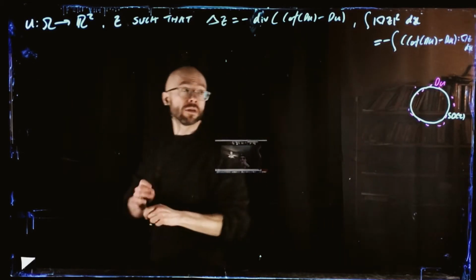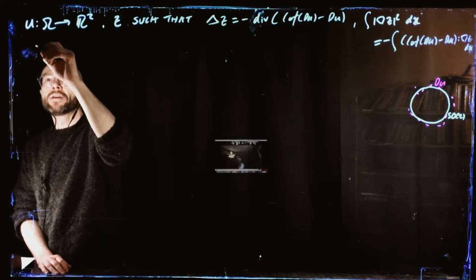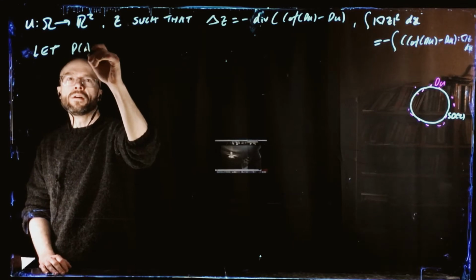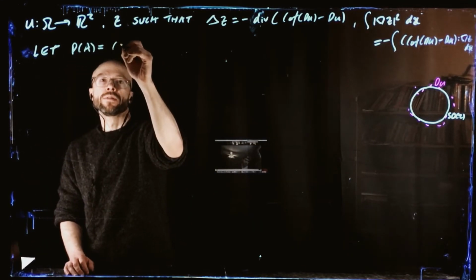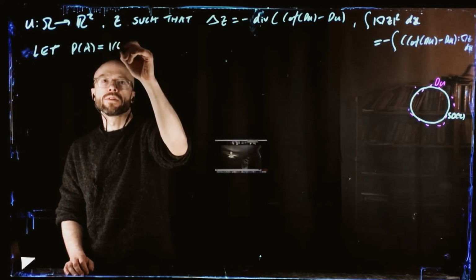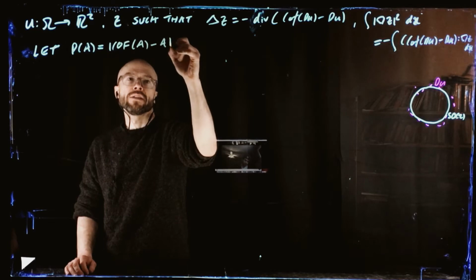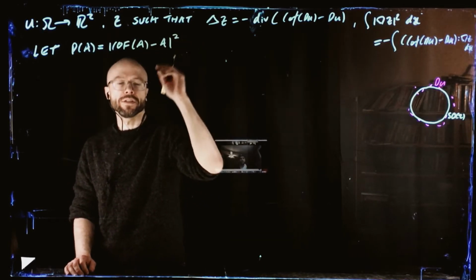So let's give it a name: let P of A be the absolute value of the cofactor of A minus A itself, squared, just to have a nicer expression.